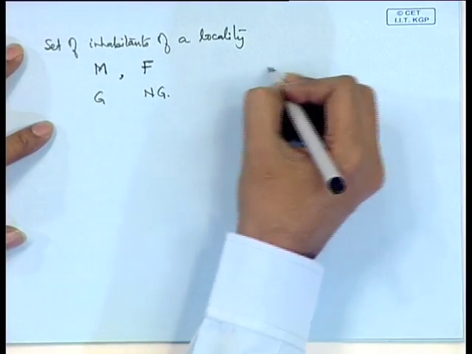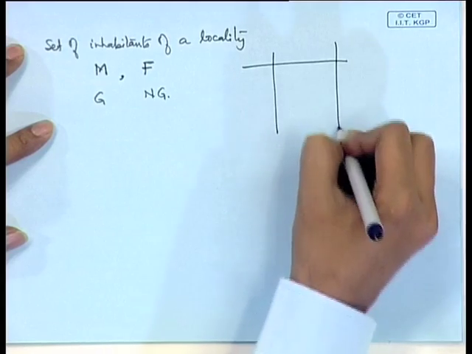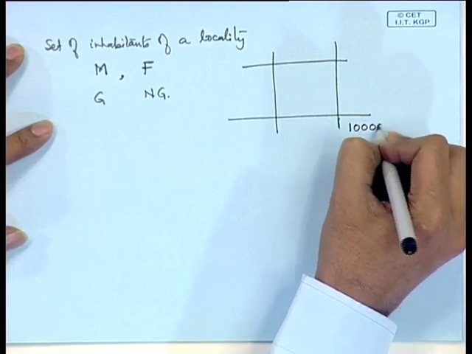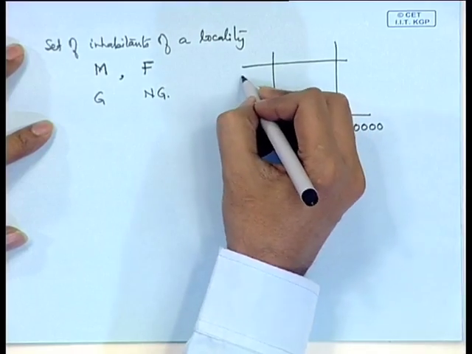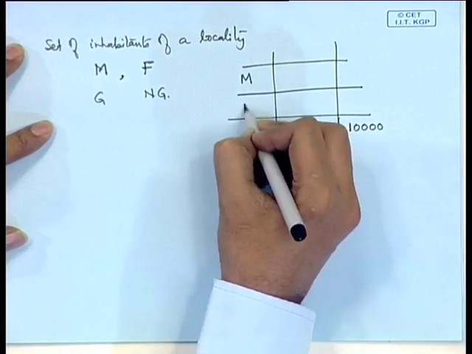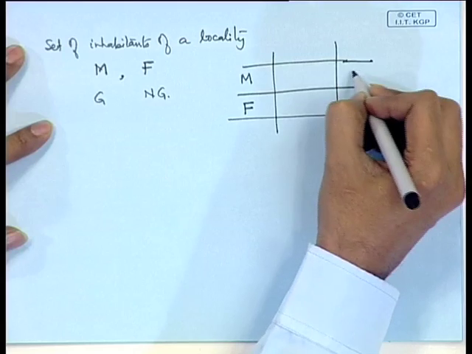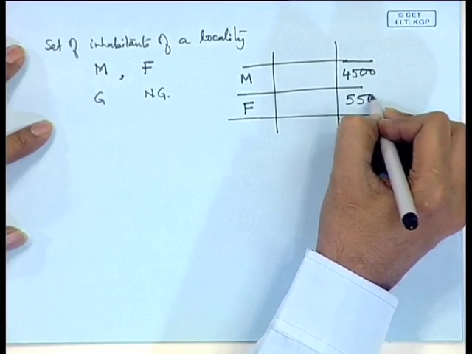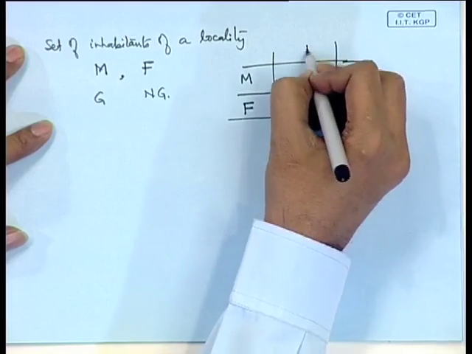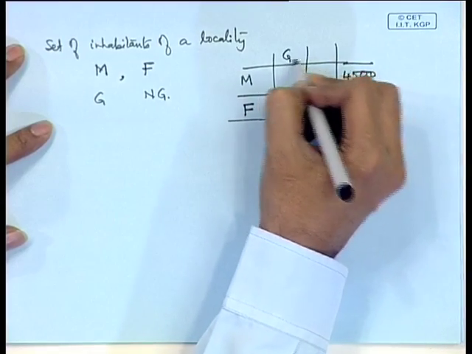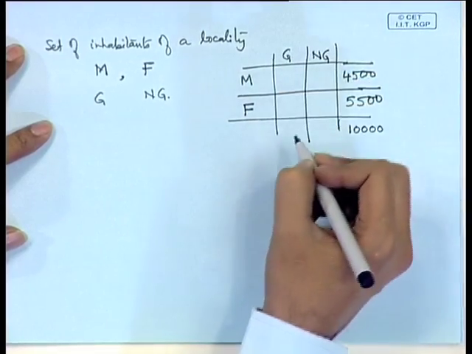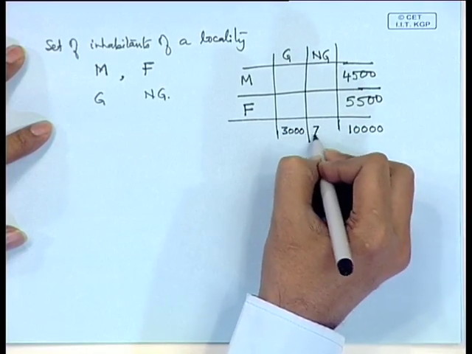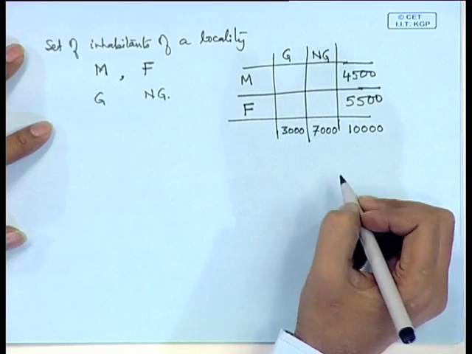So, now suppose we have a population of 10,000 in that locality. We may classify firstly according to male female. So, maybe we have 4,500 males and 5,500 females. Now, among this we look at how many graduates and non-graduates. So, suppose the number of graduates is 3,000 and there is 7,000 non-graduates are there.